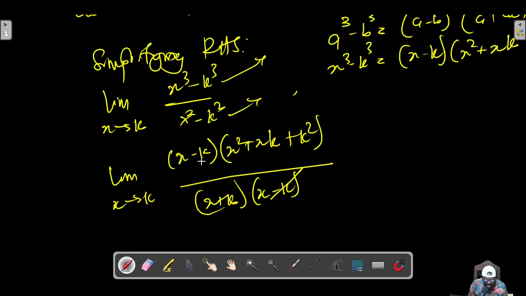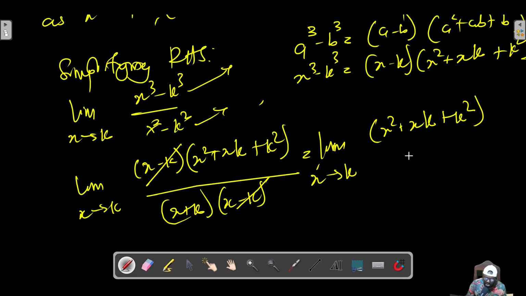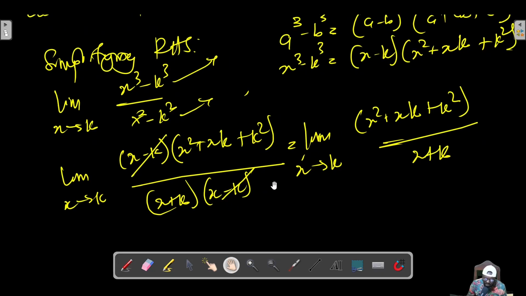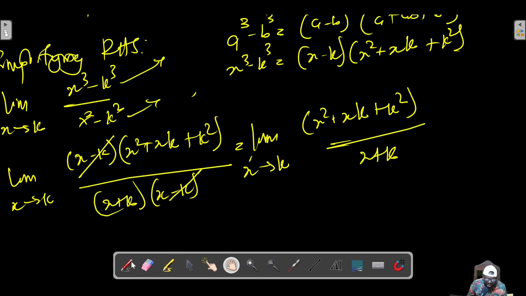So x minus k cancels out x minus k. Then what do we have now? Let me write it again. The limit as x is approaching k of the expression x squared plus xk plus k squared divided by x plus k.